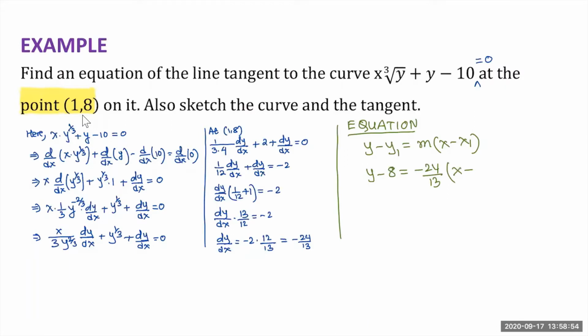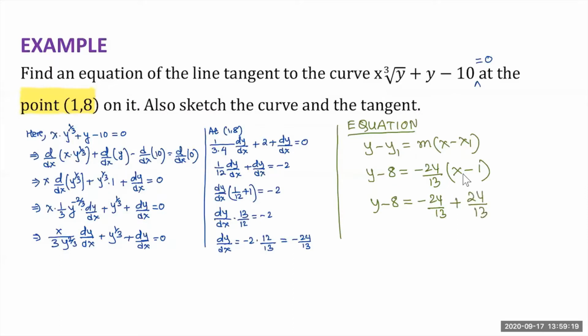Then you have x minus, x1 is 1. So we get y minus 8 equal to, if I multiply here, -24 over 13 times x, -24 over 13. Negative and negative will be positive.